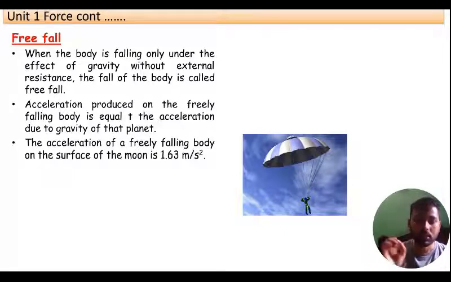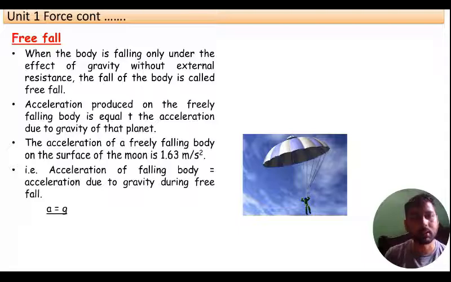It means in this condition, the acceleration of the freely falling object on the moon is 1.63 meter per second square. Acceleration of falling body is equal to acceleration due to gravity during free fall. That is a is equal to g.